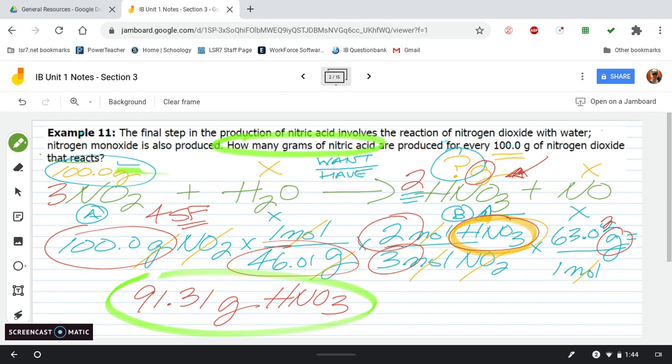Okay, so a couple of things to take away from this is the steps are that you have to start with that balanced equation. So if you don't have the equation, then you're in trouble. Then putting the values on top so that we know where we're starting and where we're going.